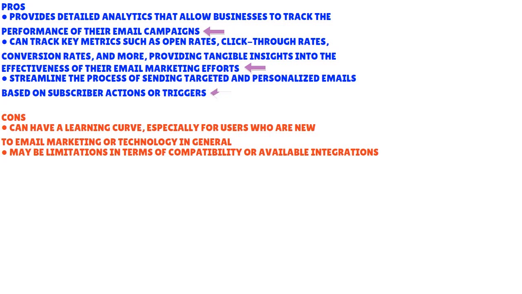You have tools that streamline the process of sending targeted and personalized emails based on subscriber actions or triggers. So that's really good. On the flip side, these tools can have a learning curve, especially for users who are new to email marketing or, let's say, technology in general. And also, there may be limitations in terms of compatibility or available integrations.